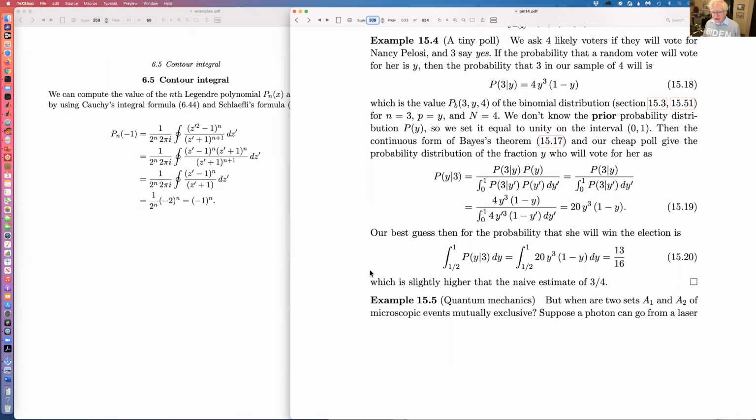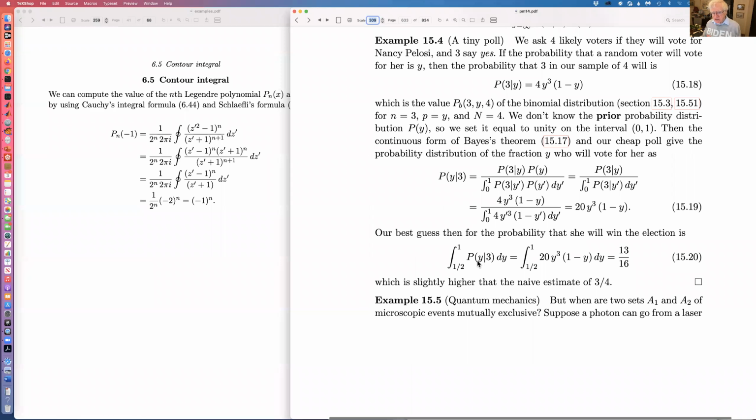So the best guess for the probability that she'll win the election is the integral of P of Y given 3 from 1/2 to 1. At least this is the way I did it.